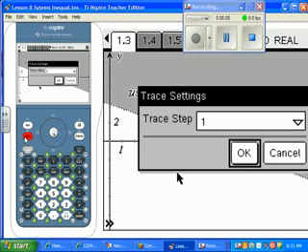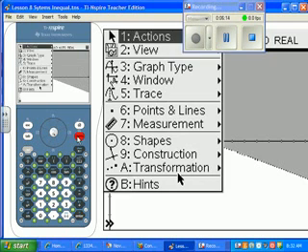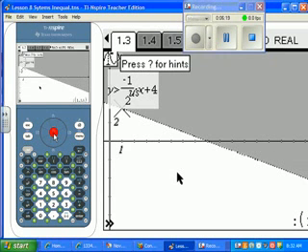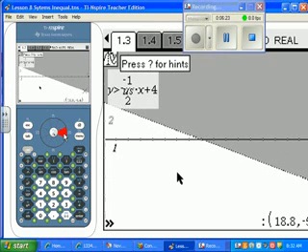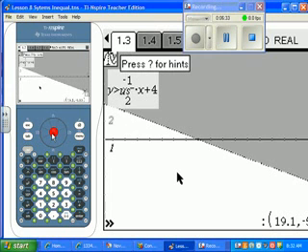Good. So now you've changed your trace settings to 1. Go back to menu and down to trace, graph trace. It only let me pick 2 points. It jumps from one side to the other side. What are you typing in right now?